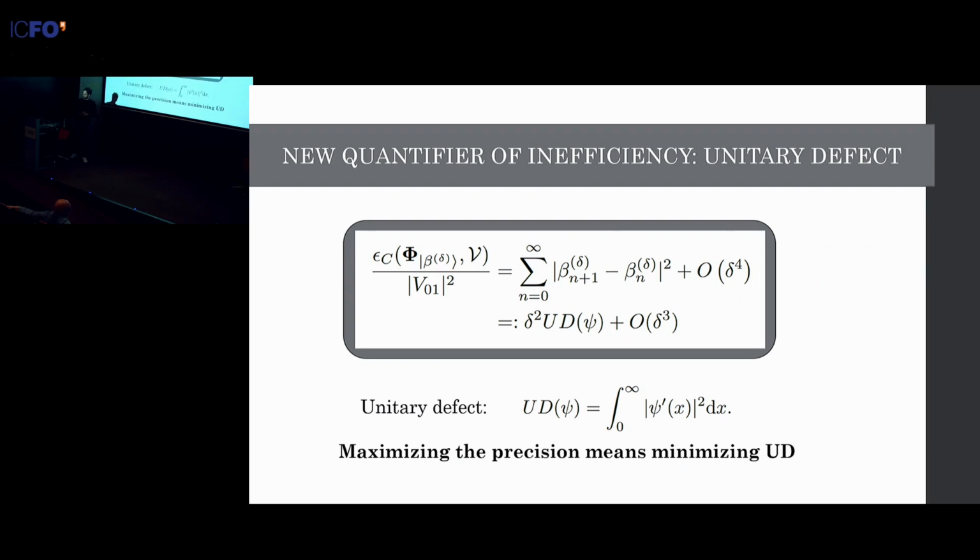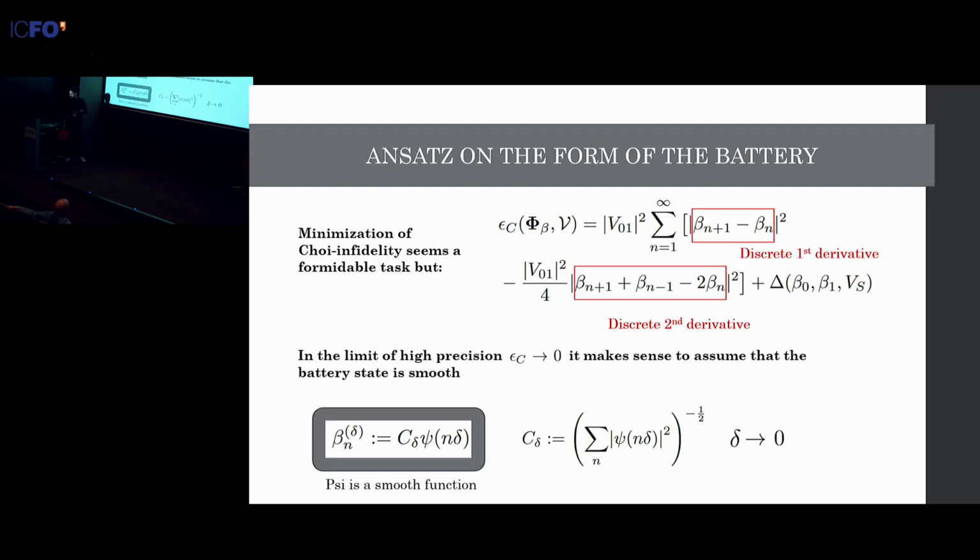If we do this, we can express the error, the Choi fidelity, as a function of a new quantity that we defined, which depends just on the preparation of the battery. This quantity is the unitary defect, which is the integral between 0 and infinity of the derivative of the function psi, square modulus, where psi is the regularized version of the amplitudes of the battery preparation.